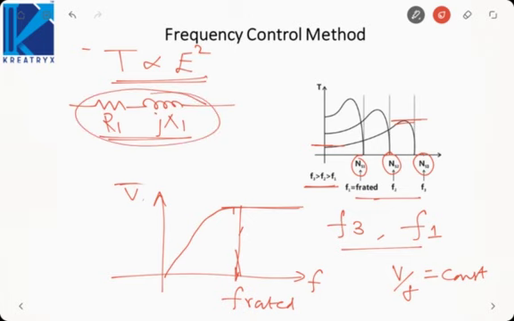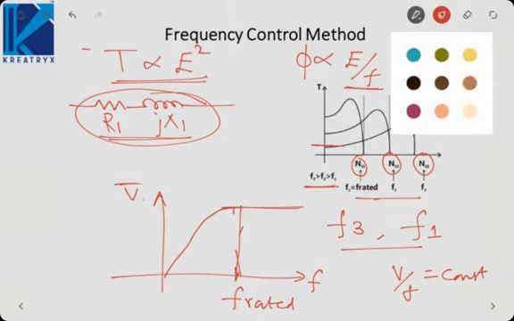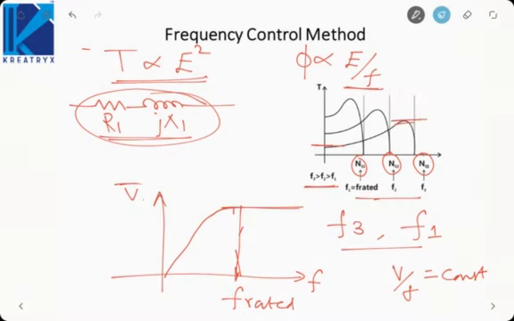So to maintain torque constant or to maintain flux constant, flux is actually proportional to E by F, that is induced EMF by frequency. So if you go below a certain value, then we have to take care of this voltage drop. So we deviate a bit from these linear characteristics like this. Because if we go down, then this voltage drop will dominate and we will not be able to maintain E by F constant.